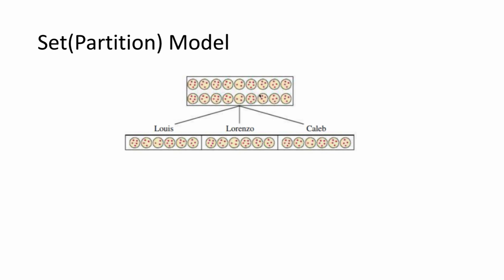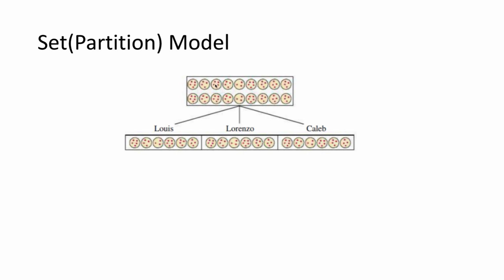So let's suppose you have 18 cookies and you have 3 kids, Luis, Lorenzo, and Caleb. You're going to give each kid the same amount of cookies. So you can give away 1 cookie at a time first, then 2 cookies, 3 cookies per person, 4 cookies per person, 5 cookies per person. Then you can have 6 cookies per person. Then you can give away all of those cookies, right?